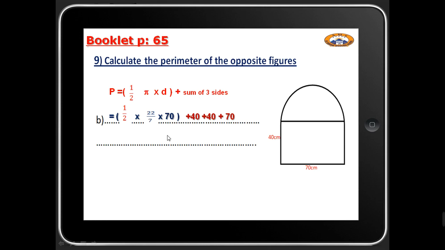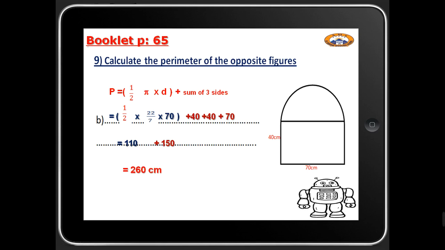By using your calculator, it's easy, you can get the answer. Here half times 22/7 times 70 is going to equal 110, plus 40 is going to give me 150, plus 70 is going to be 220 centimeter. So the perimeter of this shape is going to be 260 centimeter.